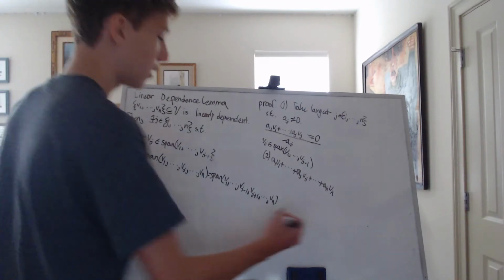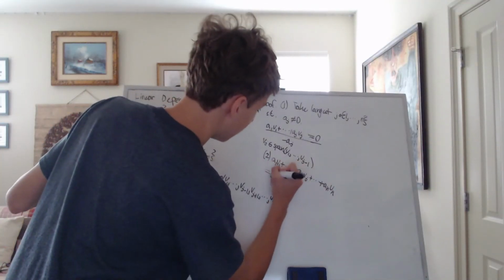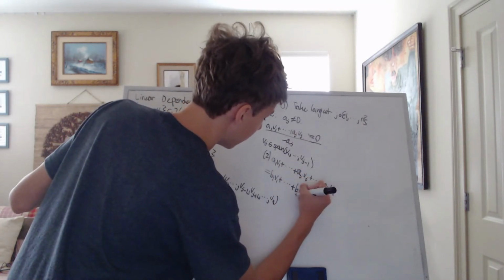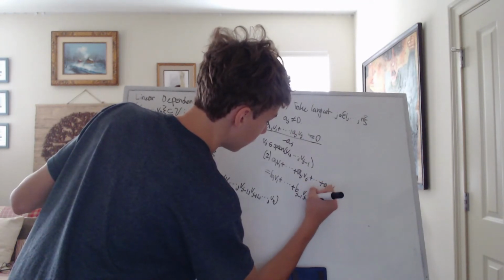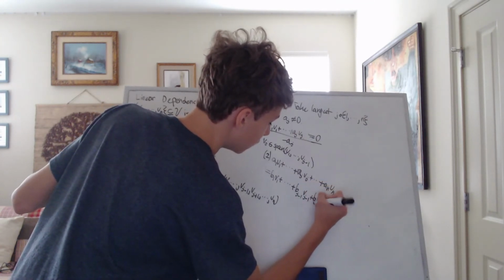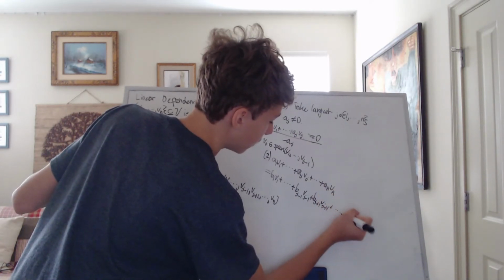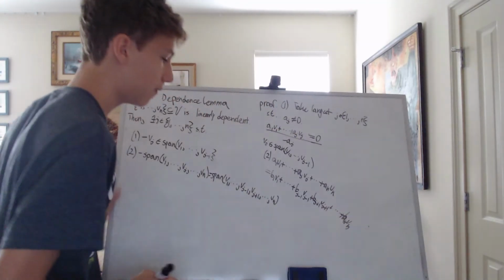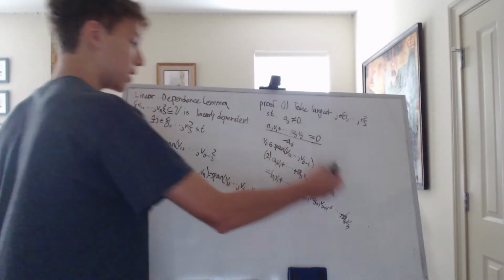So I haven't written everything out, but we can write this as b1 v1 plus dot dot dot plus bj minus 1 vj minus 1 plus bj plus 1 vj plus 1 plus dot dot dot plus bn vn, using the previous result.